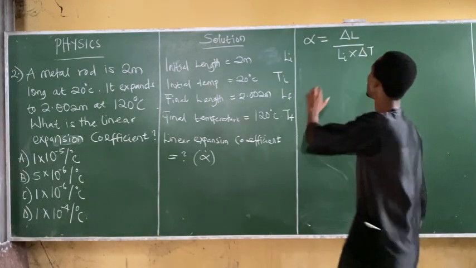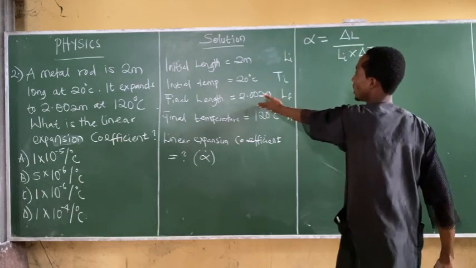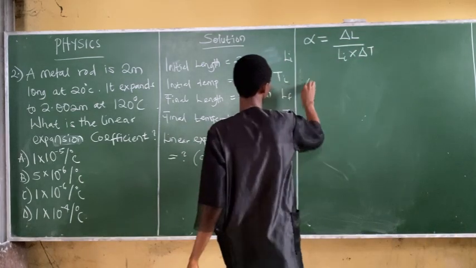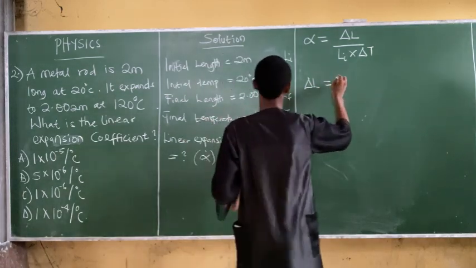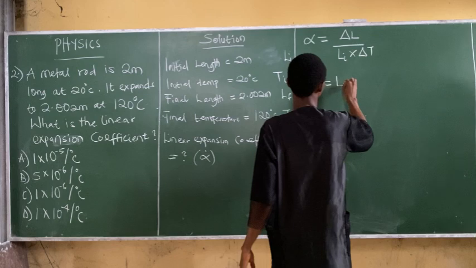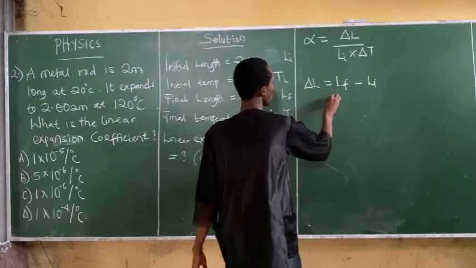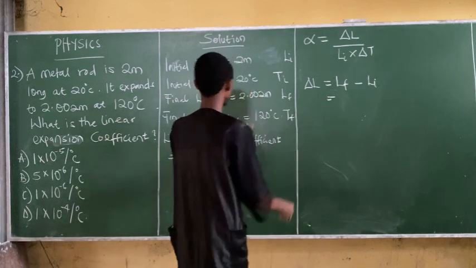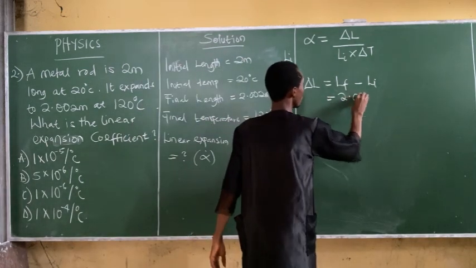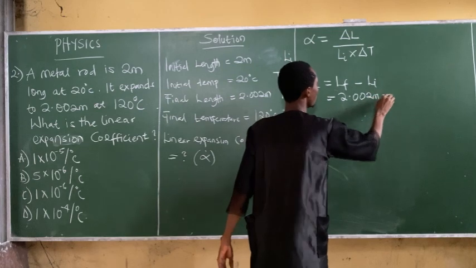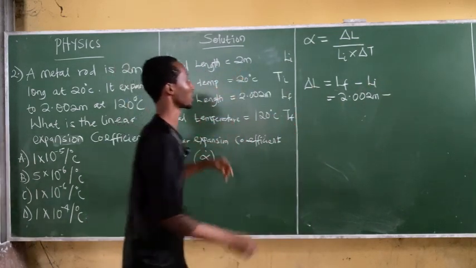From the question, we were not given change in length, but we were given initial length and final length. Recall that change in length is equal to final length minus initial length. Our final length is 2.002 meters, minus our initial length, which is 2 meters.